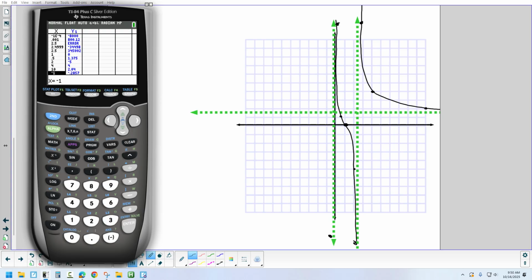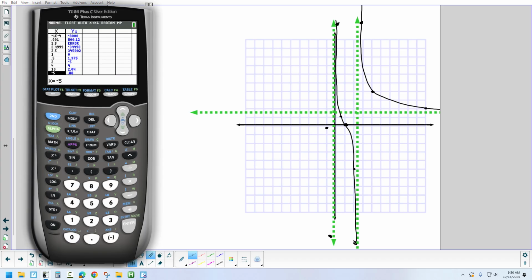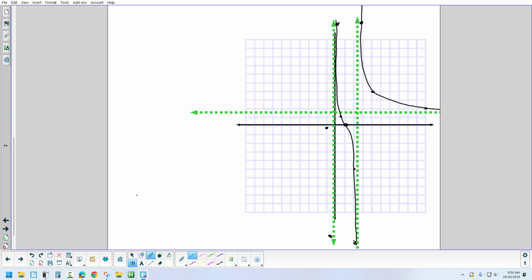Okay, so we do negative 1. We're at about negative 0.3. So it's going to curve up. If you go a little further, you'll get another point that shows you the curve better. Negative 5, almost up at 1. And now we can kind of see our curve.